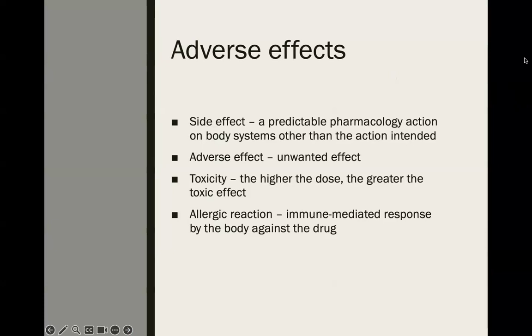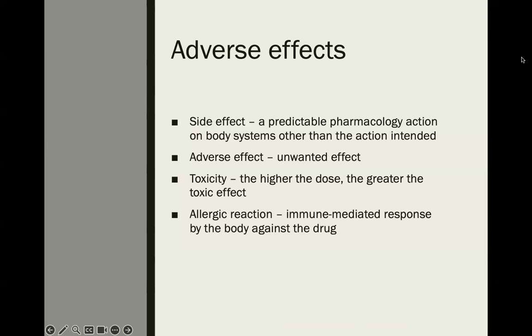A side effect may be a predictable pharmacologic action on a body system other than the action intended. So you may take a medication and it may cause you to be nauseous, but we know from the warnings that it may happen. So that's going to be considered a side effect.